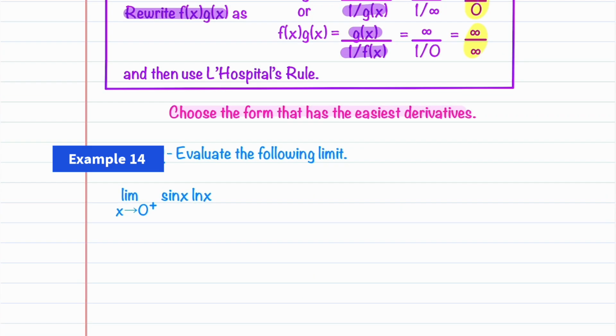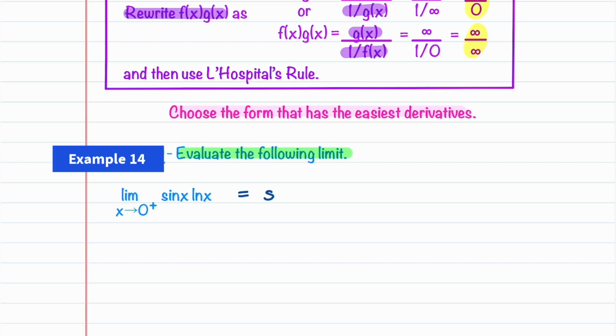Here's our example. We are going to evaluate the following limit. Our limit is the limit of sine x times natural log x as x approaches 0 from the right. X is approaching 0 from the right because the natural log is only defined when x is greater than 0. We're going to start by just substituting in that x is approaching 0.